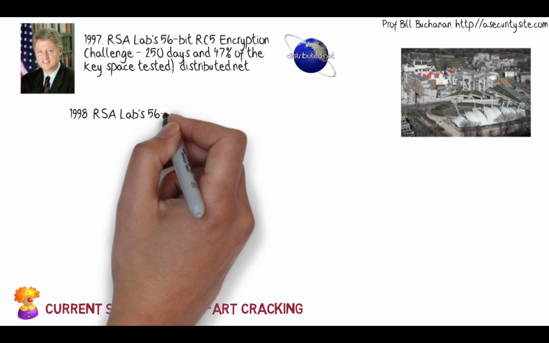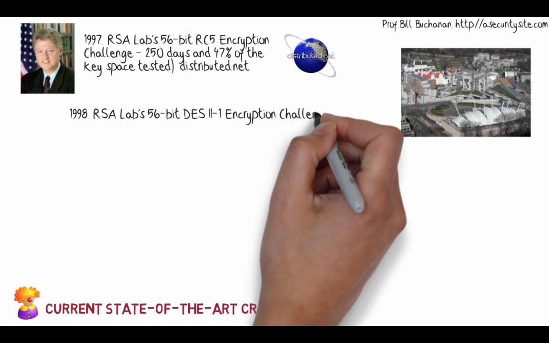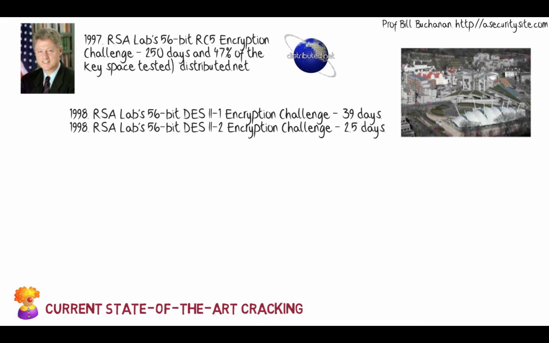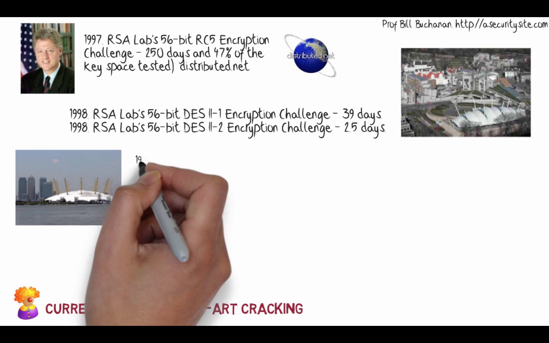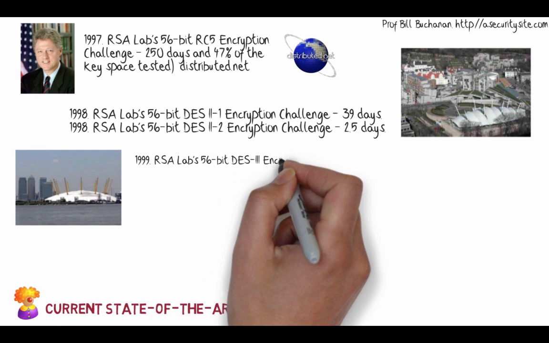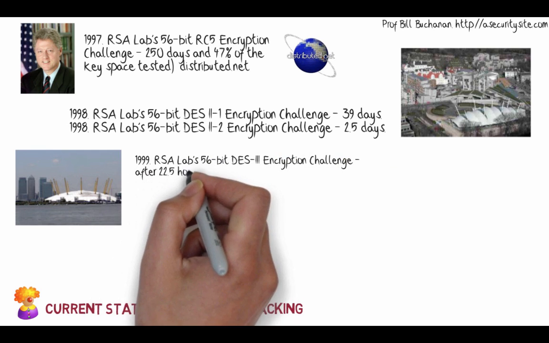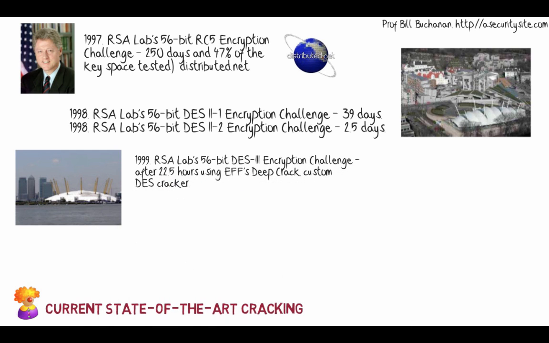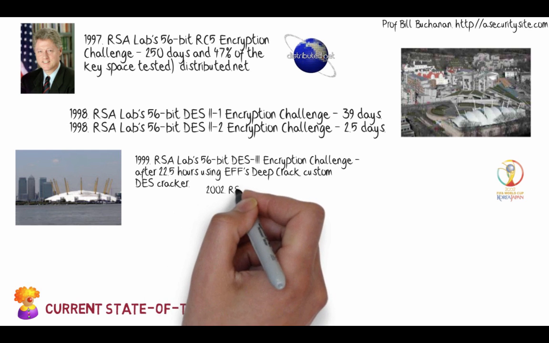Then when the Scottish Parliament was being created, RSA Labs had another challenge in 1998, and it was cracked within 39 days, 25 days, and so on. At the start of the millennium, there was another challenge, DES 3, and it was cracked in 22.5 hours using this Deep Crack custom DES cracker.